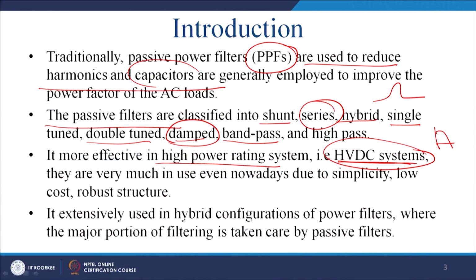For this reason, it is now getting dominance in our transmission system. HVDC systems are very much in use even nowadays due to their simplicity, low cost and robust structure. So we want to filter out, as we go from AC to DC, and there we can still use a passive filter.